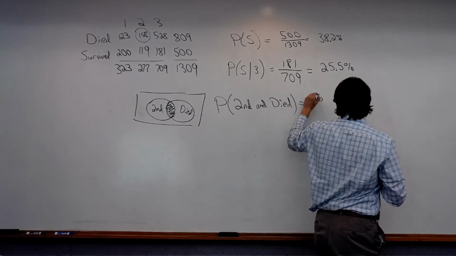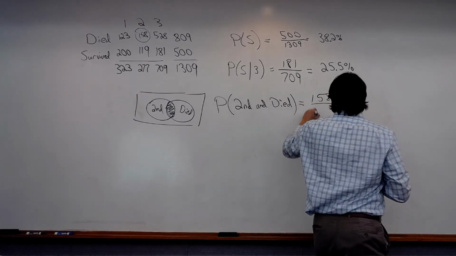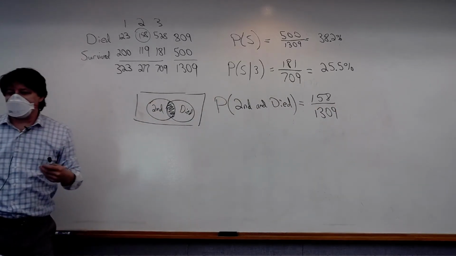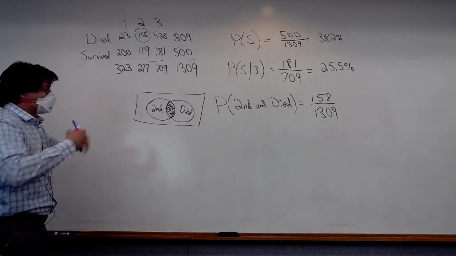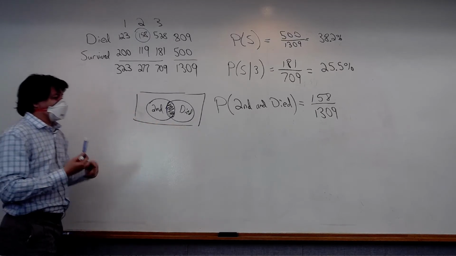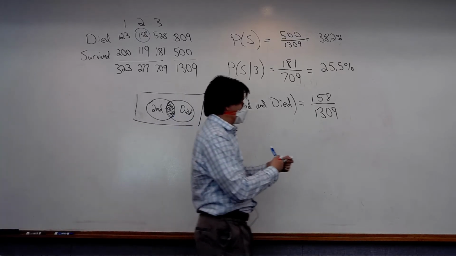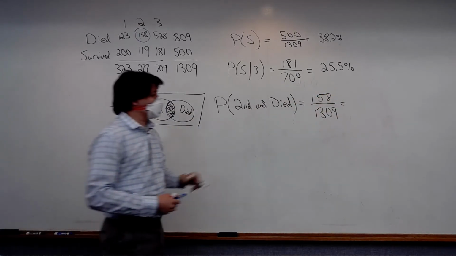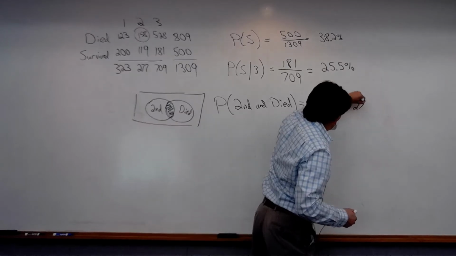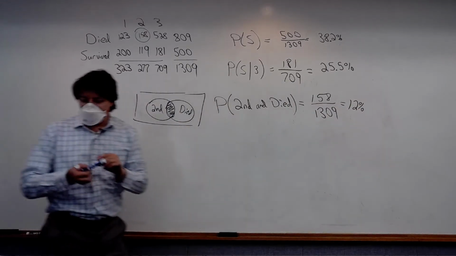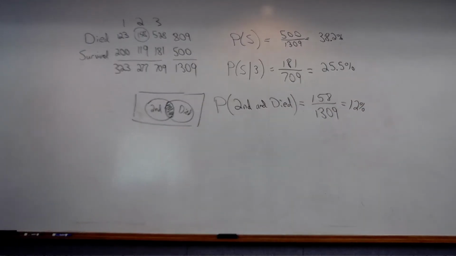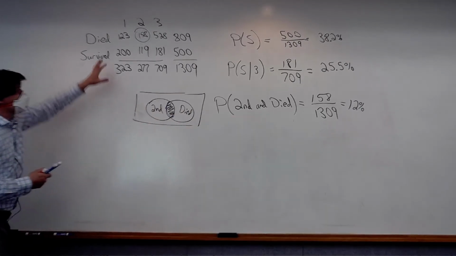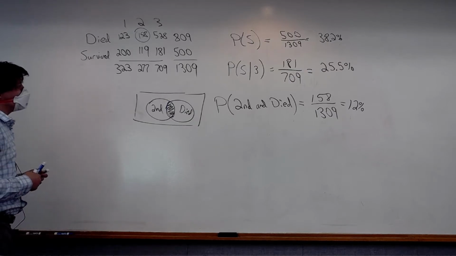That is 158 divided by the total number. In this case, we are including all passengers, because some of the passengers not in here are non-second class, but that counts in our calculation. And so that is something around 12% basically. So we can find these overlapping, these joint probabilities, in the contingency table.